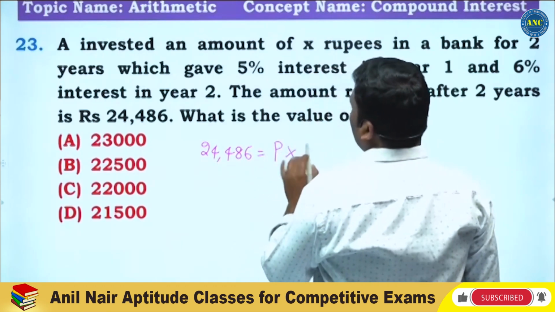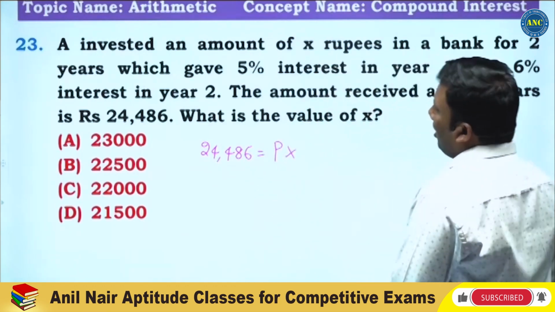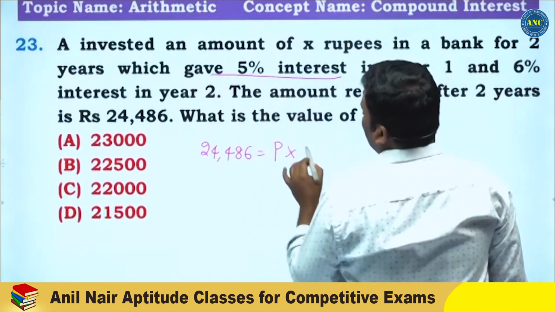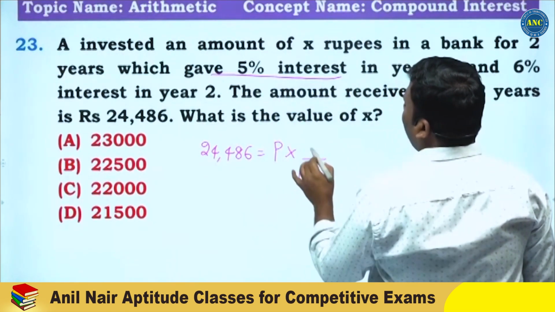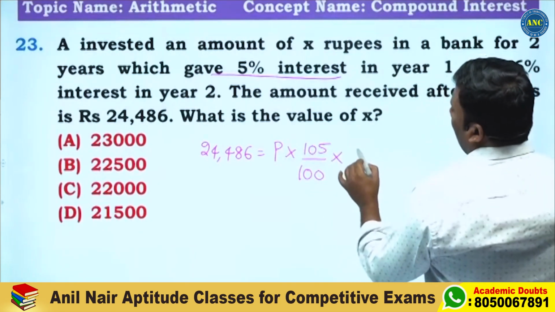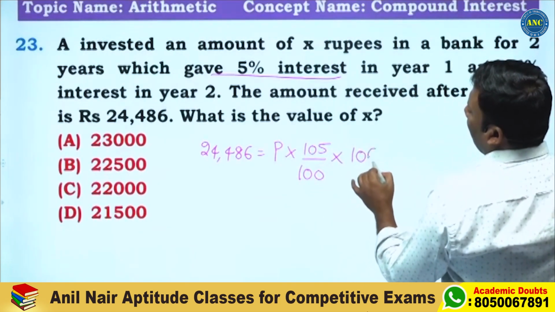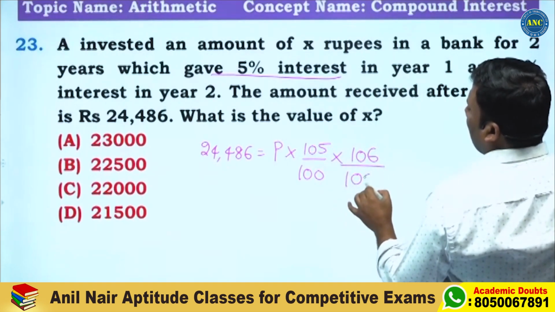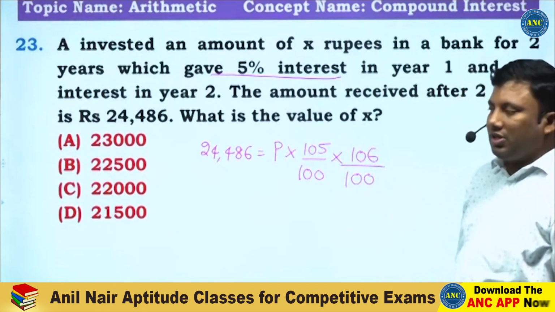Initially we don't know, it is P. 5% rate of interest on 100, after first year, I will give 105. In second year, 6% rate of interest on 100, I will give 6 more.